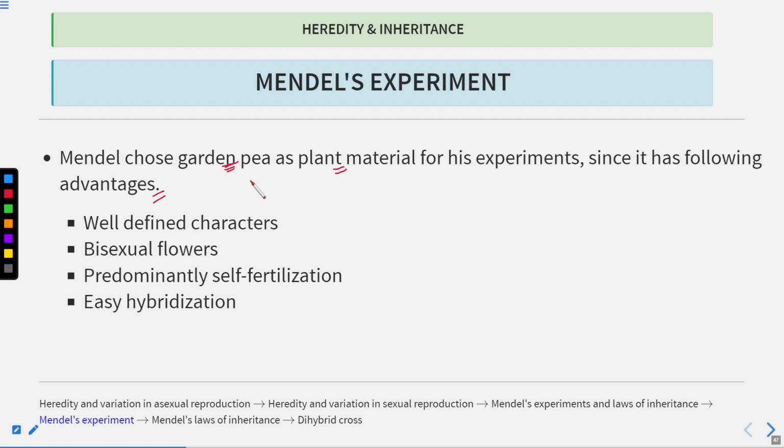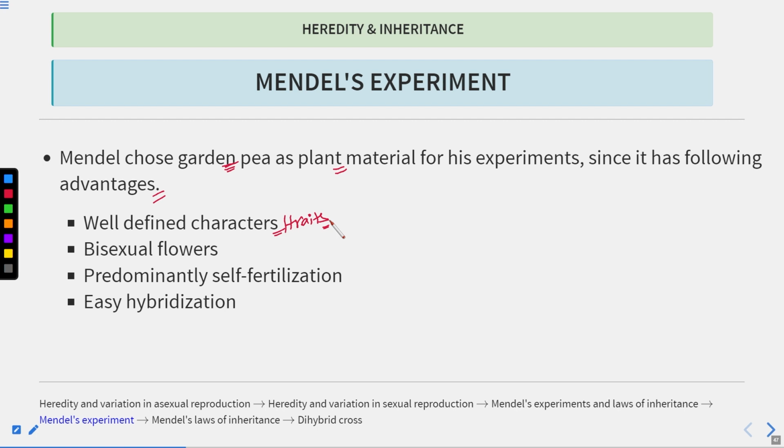experiments. First of all, the first reason is it has well-defined characters. Clear? All the traits, all the characters were very well defined, and you can see them in the phenotype. If you look at the morphology, you can see the flowers are yellow colored or some other color.